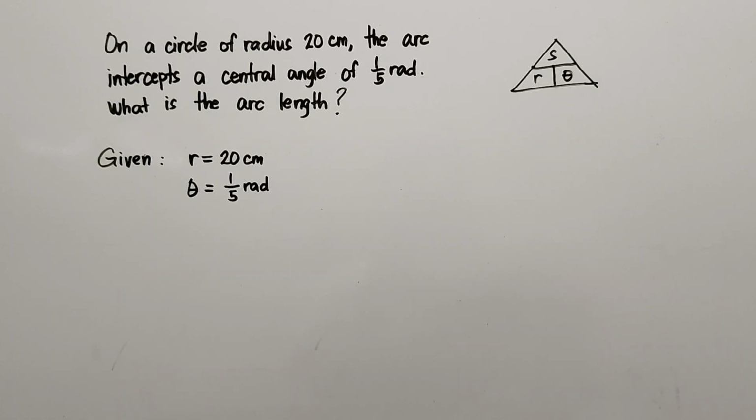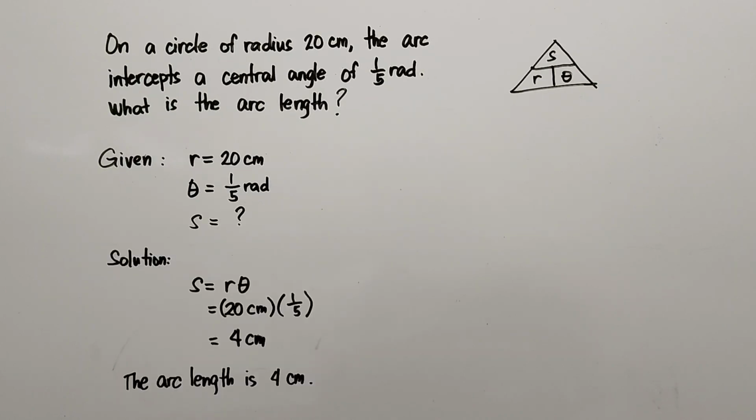And we are asked for the arc length. With the formula S equals R theta, substitute the value of R, which is 20 cm, and the theta, 1/5. Multiplying 20 and 1/5, you have 4, and the unit is centimeter. Therefore, in this problem, the arc length is 4 cm.